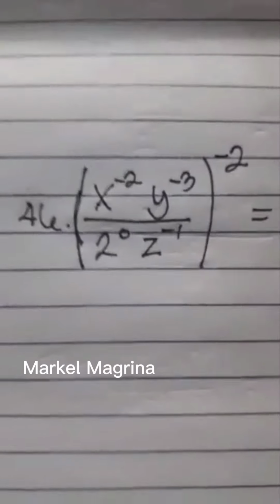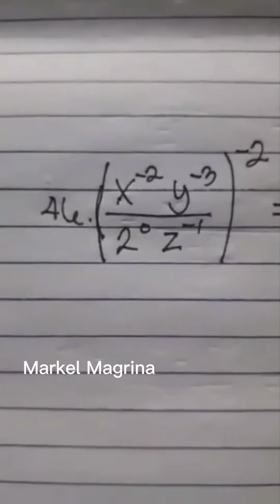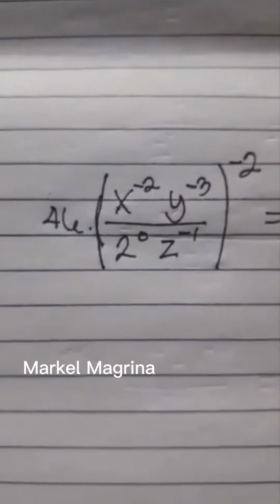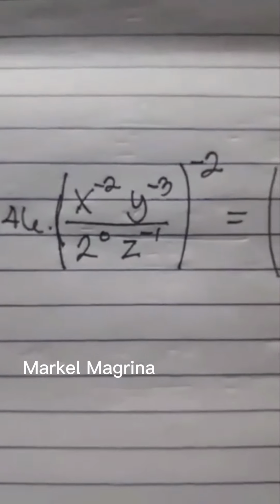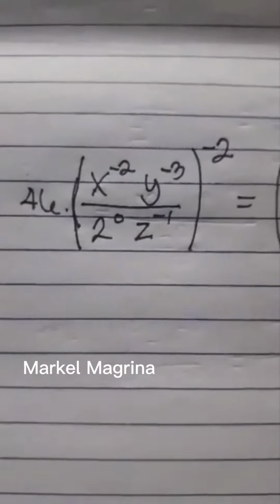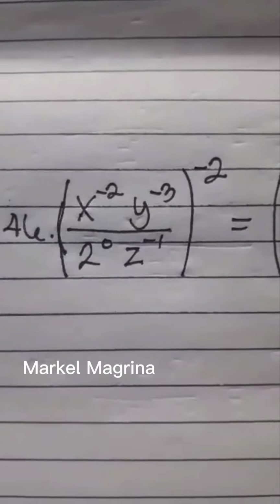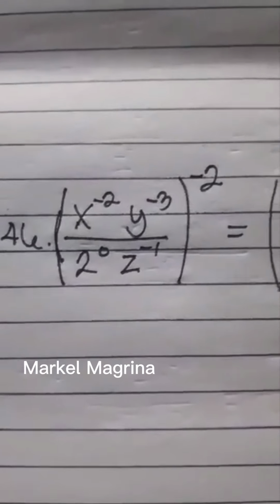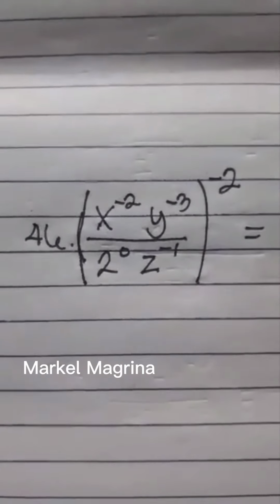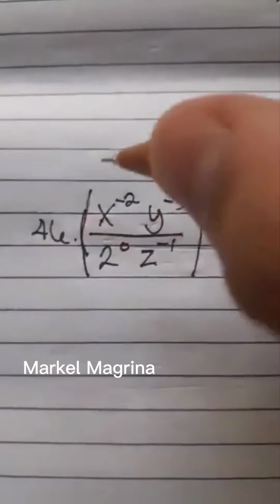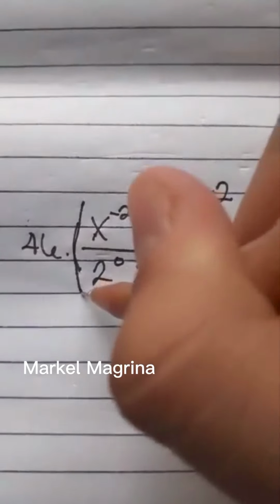Number 46. The equation of number 46 is quantity x to the power of negative 2, y to the power of negative 3 over 2 to the power of 0, z to the power of negative 1, quantity to the power of negative 2. So, first thing you do is cancel out 2 to the power of 0.